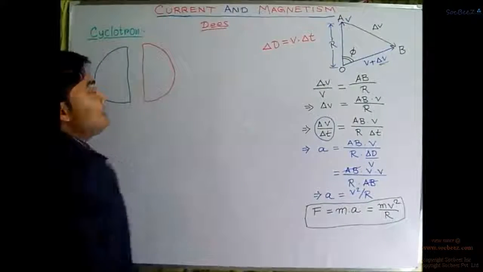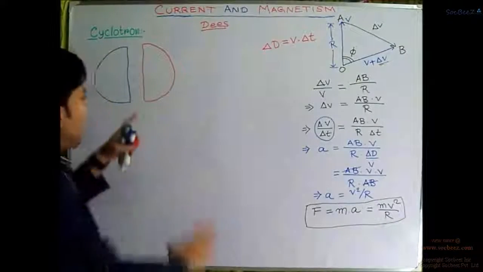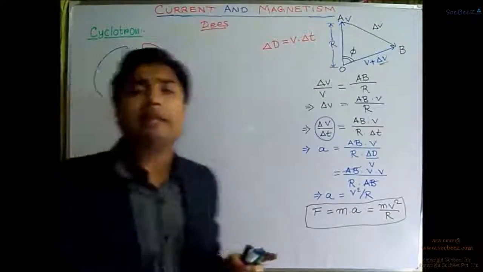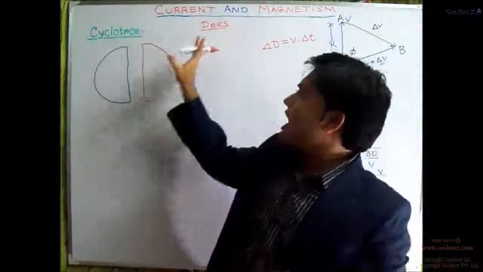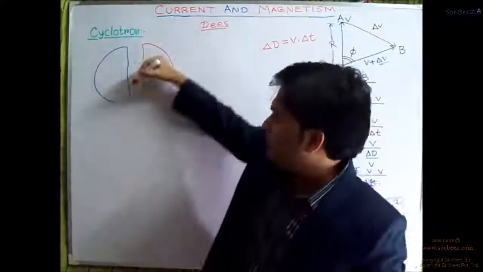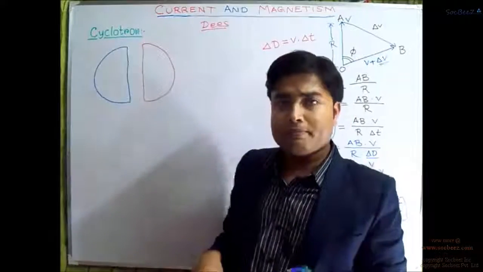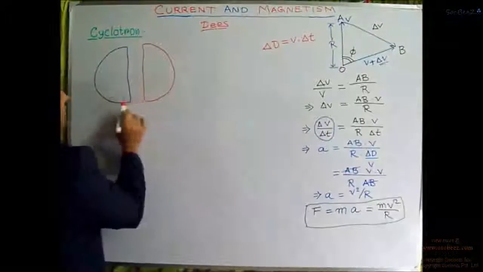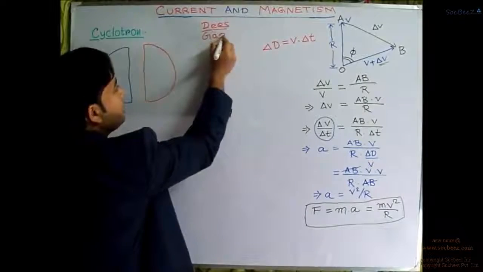Now these D's, whatever the arrangement is over here, this is kept in vacuum. These D's are actually separated by a certain distance, as you could see. So this certain distance of separation between them is known as the gap.